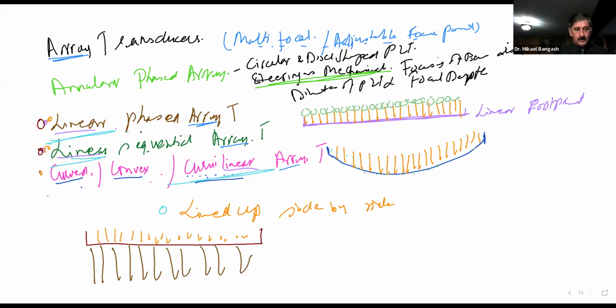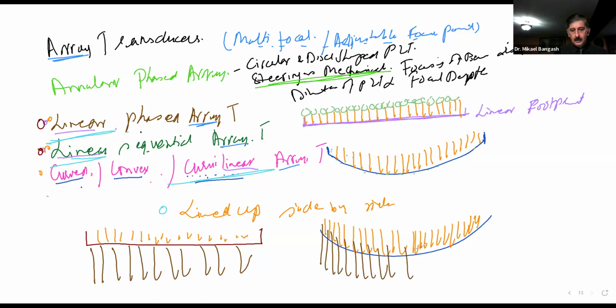Or whether it was our curved transducer, when these PCTs, which were lined up shoulder by shoulder like this, or side by side, fired, they would just have fired straight like this.